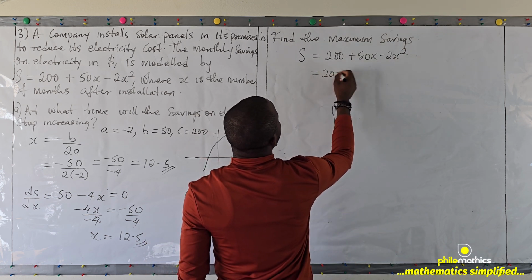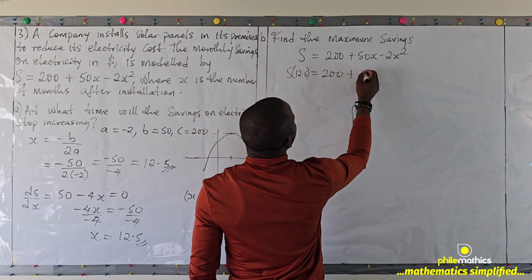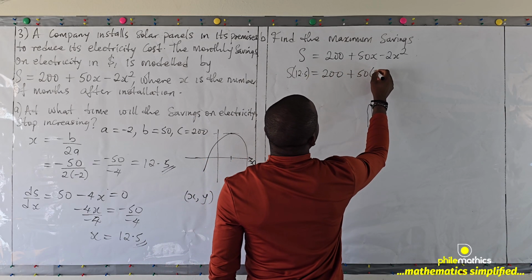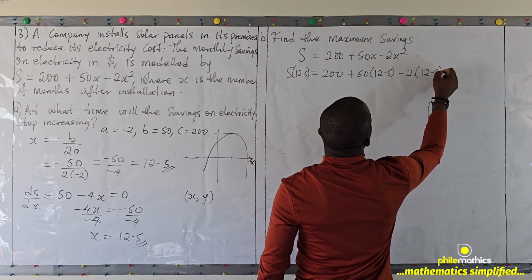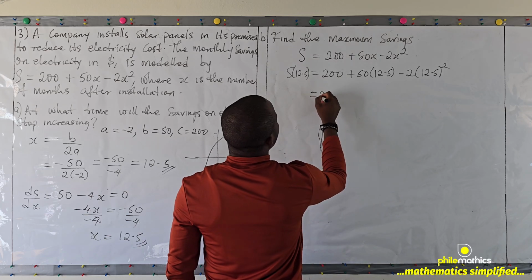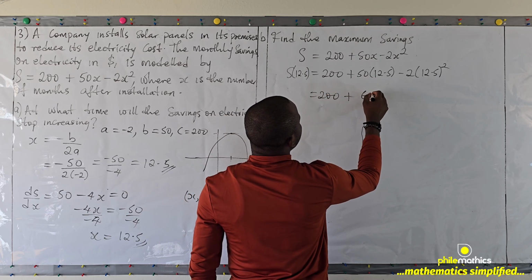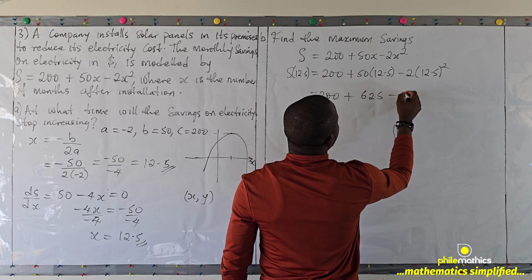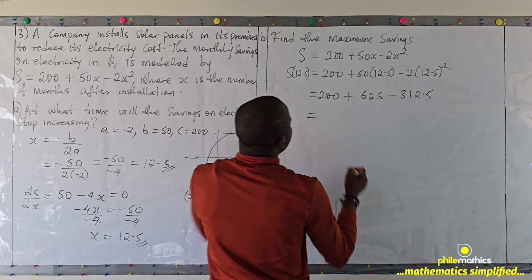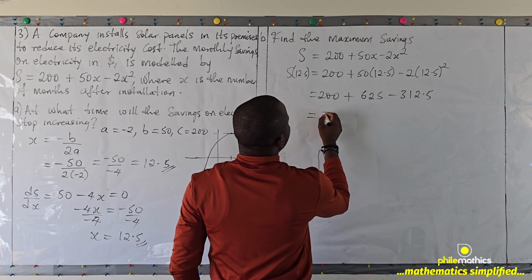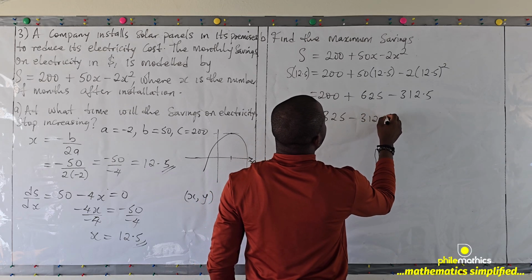This will be 200 plus 50 times 12.5 minus 2 times 12.5 all squared. This is 200 plus, if we multiply this, we'll have 625. If we multiply this, we'll have 312.5. And if we add this together, we'll have 825 minus 312.5.